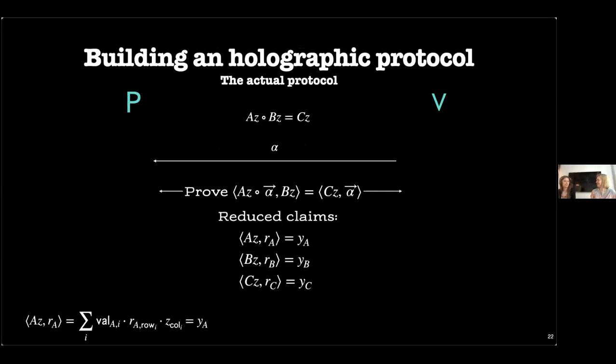And once you have inner product, as I mentioned before, it's pretty easy to climb your way up to R1CS. And whenever you have to deal with holography, you have additional protocols. A technical note here is that when you try to do streaming over instances for some subprotocols, it is really non-trivial.